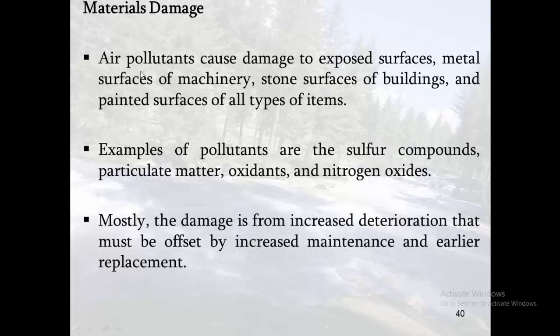Air pollution damages the surfaces of the materials which are exposed to it, for example sulfur compounds, particulate matter, oxidants, and nitrogen oxide. These exposed pollutants affect different materials, and mostly the damage comes from increased deterioration that must be offset by increased maintenance and earlier replacement.